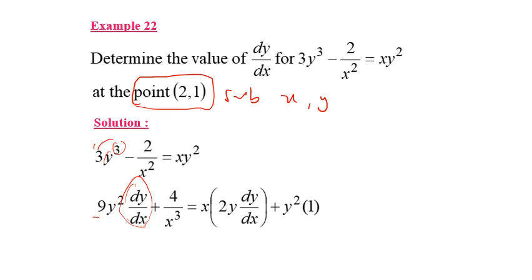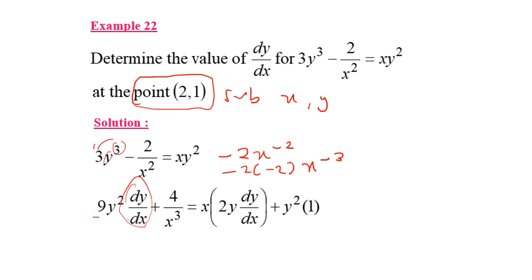If you're not familiar how on earth we got 4 over x cubed, you can just rewrite it like this first: negative 2, x to the power of negative 2, and then you multiply with negative 2 outside, and then x, and the power will further reduce by 1. Okay, so at the end, negative will be positive 4, and then we bring negative 3 back to the denominator, so it will be over x cubed, right? Okay, so that's the left hand side.